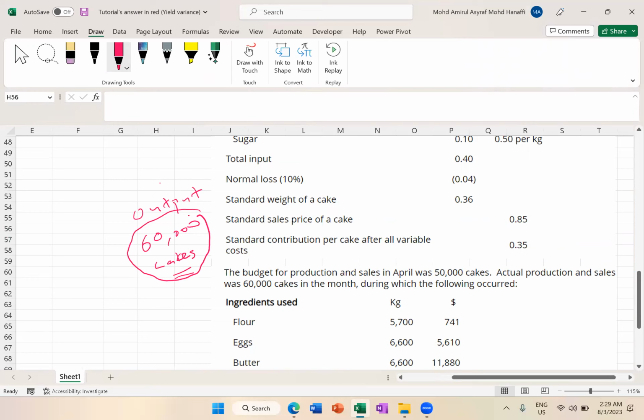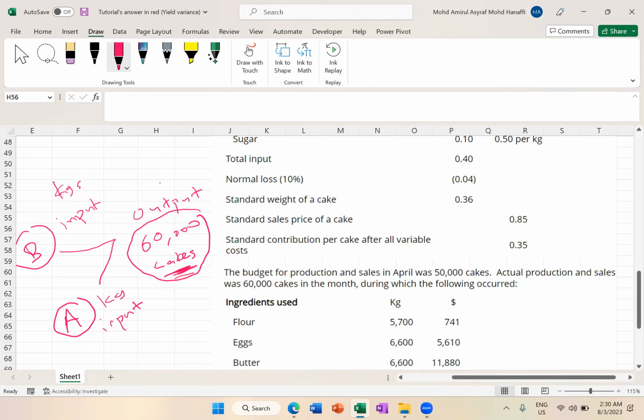But it can also be stated in the form of kg. But in this case, it is stated in the form of cakes. So you have two different figures here. To produce 60,000 cakes, how many kgs of input do you require compared to the actual input to produce this many cakes?